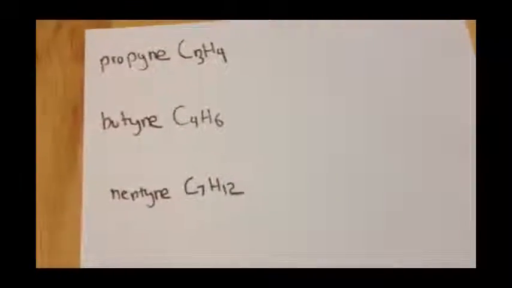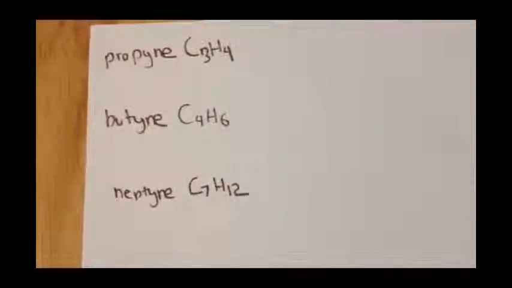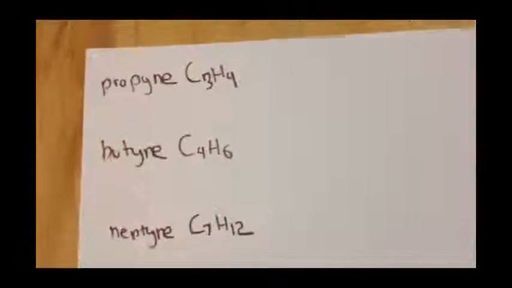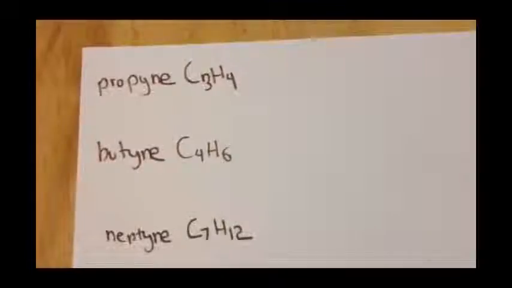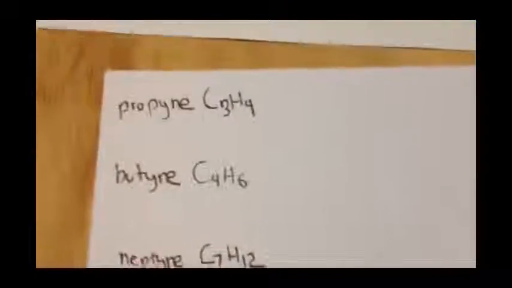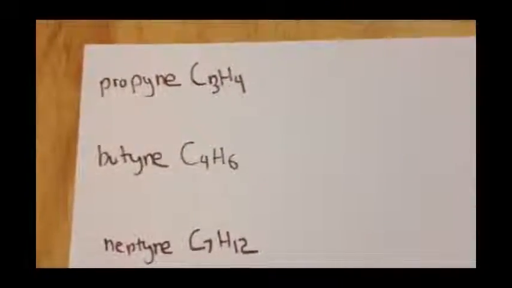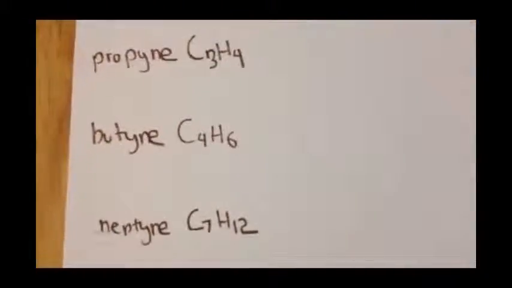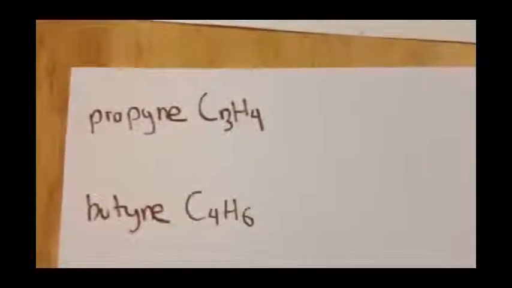Okay, now we are going to draw the structural formula for the alkynes. This is very easy. For example, in the first one we have propyne. What you need to do is to first draw all the carbons, and at the end the carbon with the triple bond. In this case we have only 3 carbons, so we are going to do this.